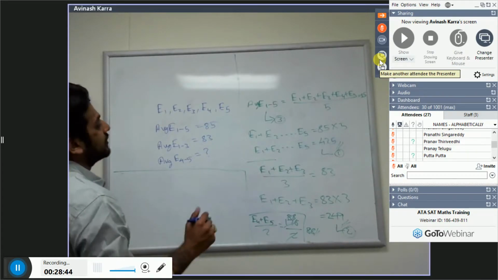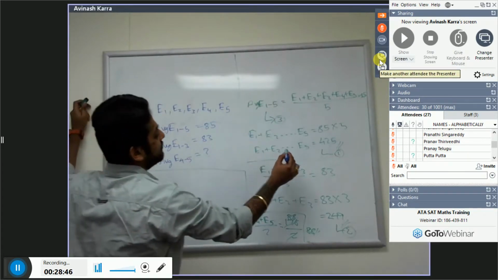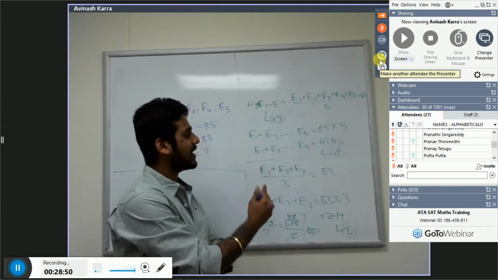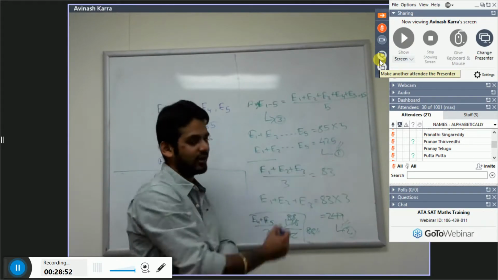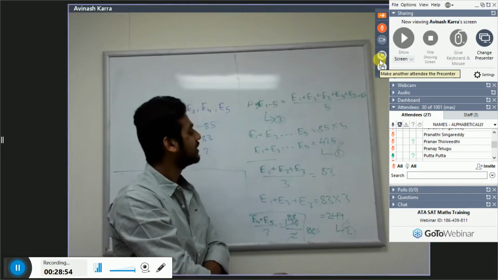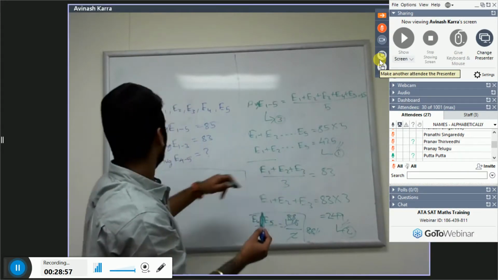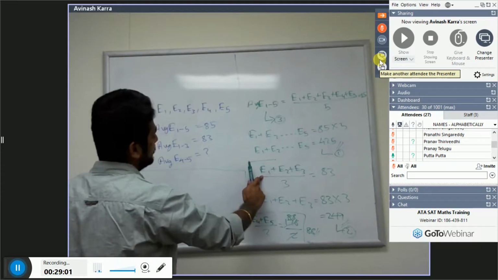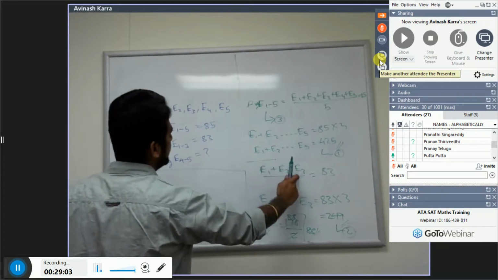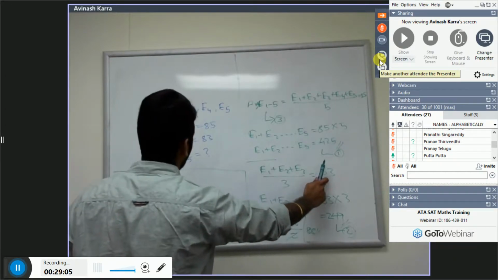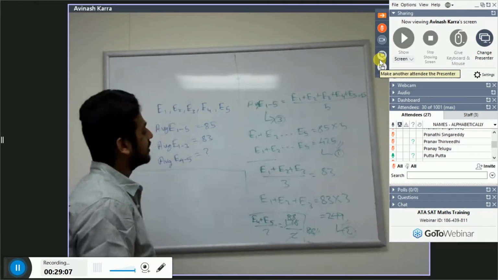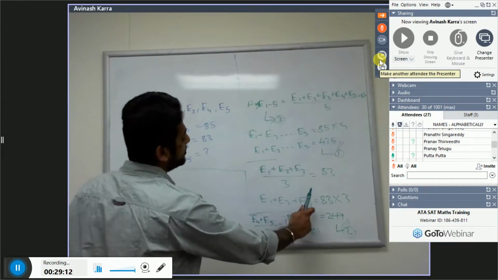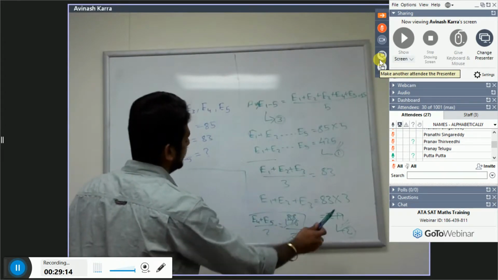So Putta, here what is the first equation I got? E1 plus E2 plus E3 plus E4 plus E5 is equal to 425, right? And after that, when I consider the second statement, I got E1 plus E2 plus E3 by 3 is equal to 83, right? When I simplify it, I got E1 plus E2 plus E3 is equal to 249.